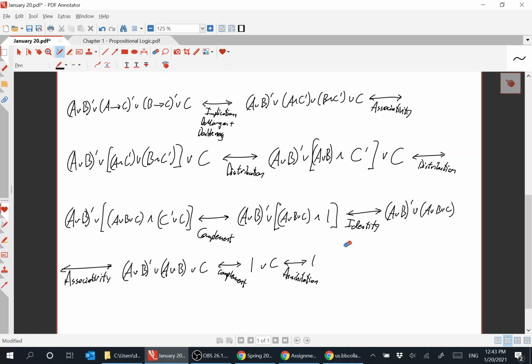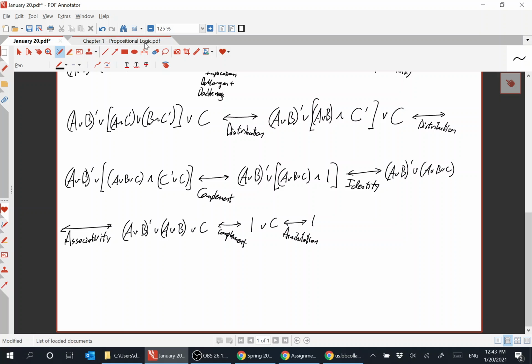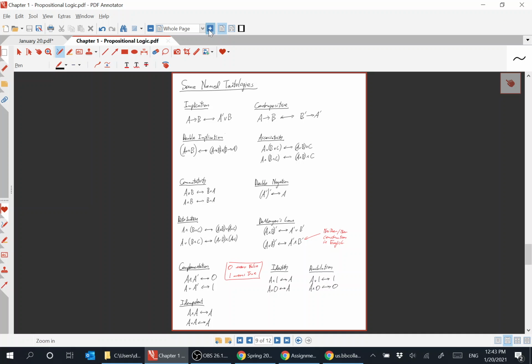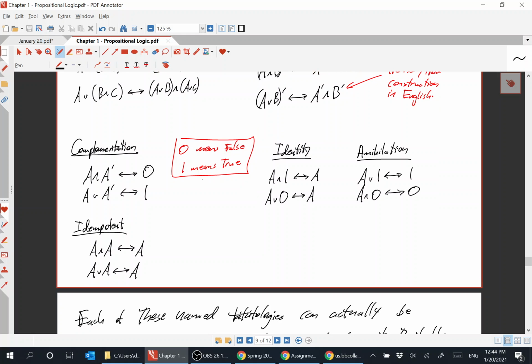Okay, let's take a look at those named tautologies again. Oops, not on this page. Just real quick, down here at the bottom, there's complementation. Think about multiplication and addition for a moment.